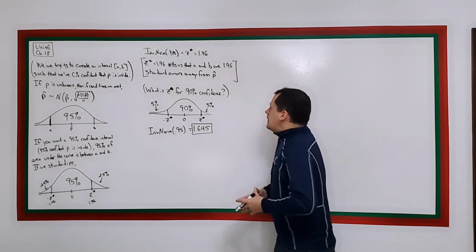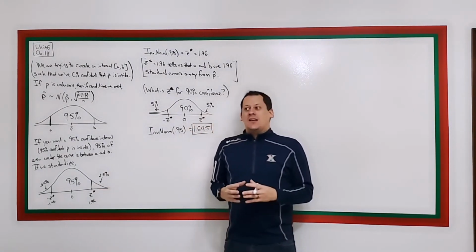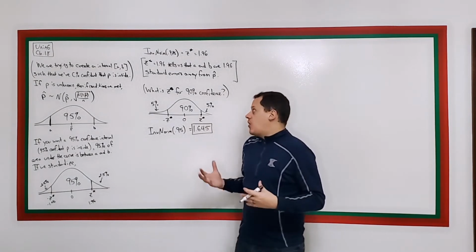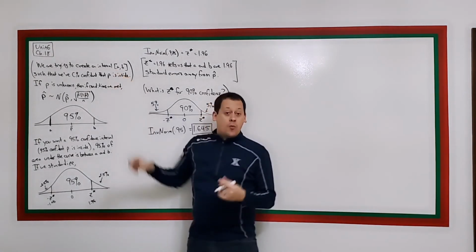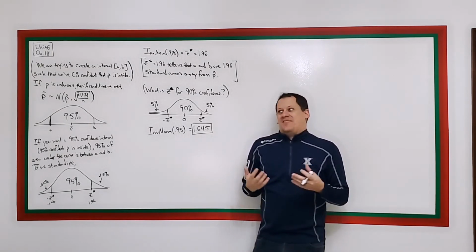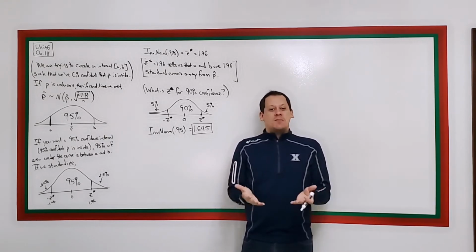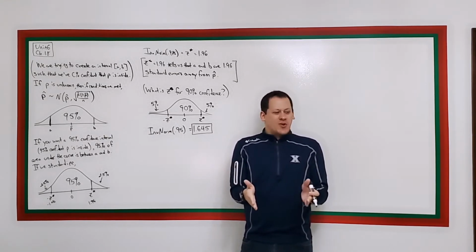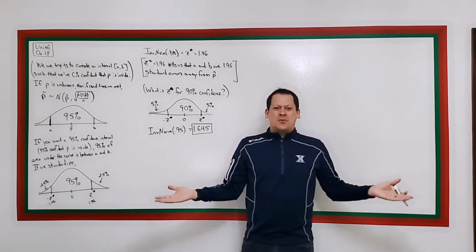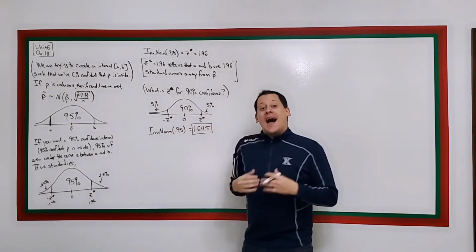Okay. Why are these confidence percentages so high? Well, if we're going to go through the effort of making this interval, we want to be pretty confident that p is inside. We could make a 20% confidence interval, I suppose. But if you're only 20% confident that p is inside, it's more likely that it's outside. What's the point of that, right? We want these confidences to be high.